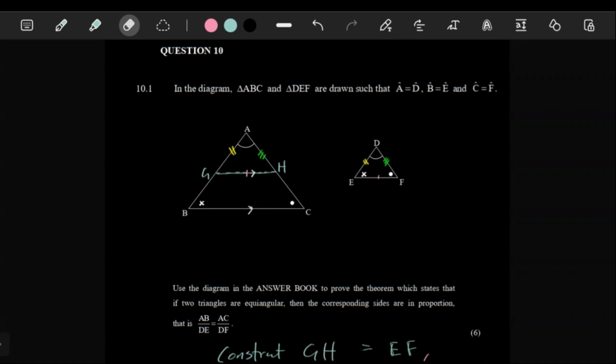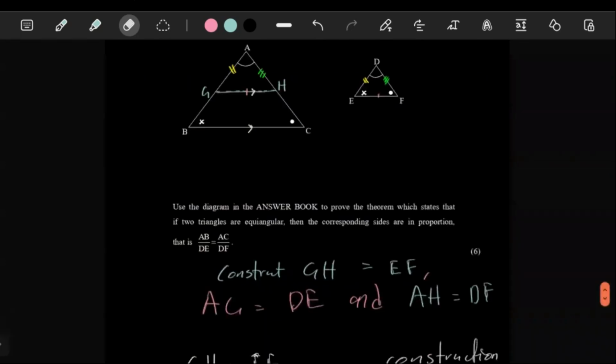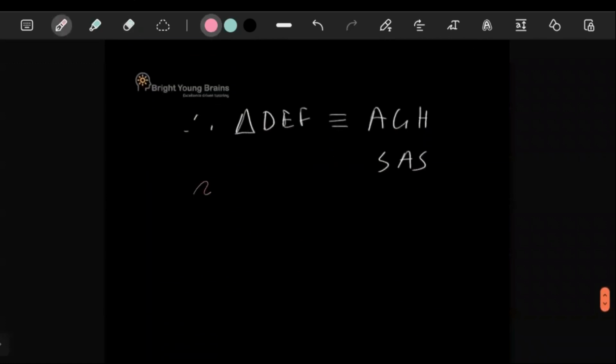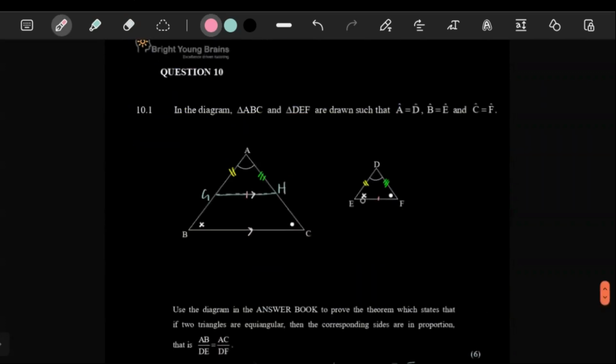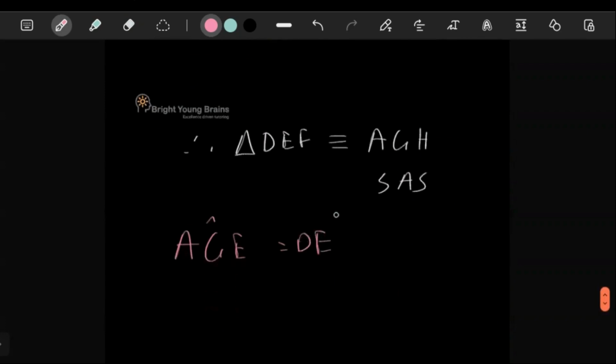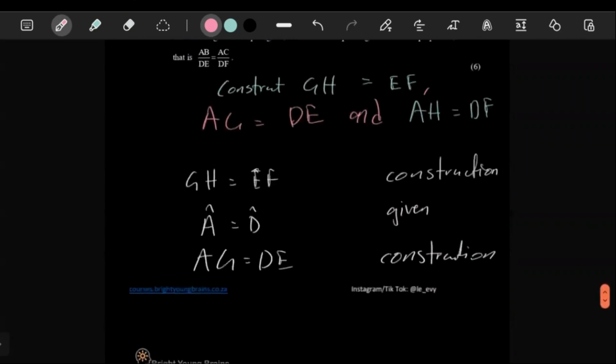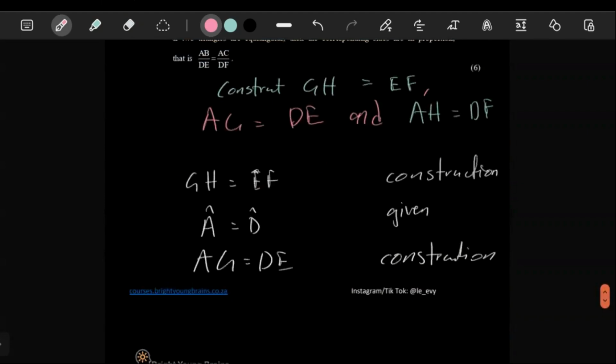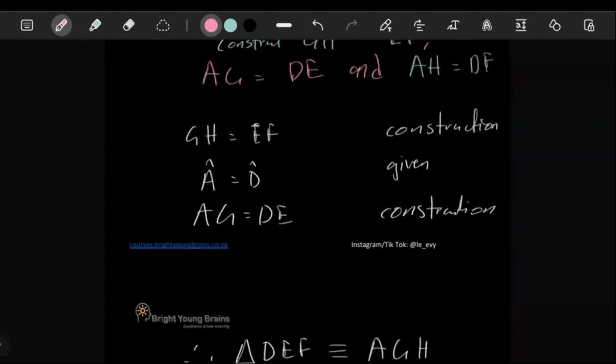So carrying on, we need to keep in mind that as long as this triangle is identical to this one, remember it means that AGH is equal to E. So let's state that AGH is equal to the angle DEF, which is both equal to X. The reason is corresponding angles of two congruent triangles.